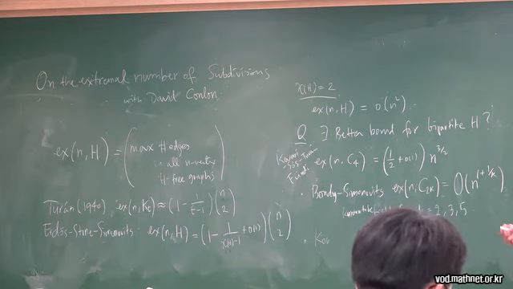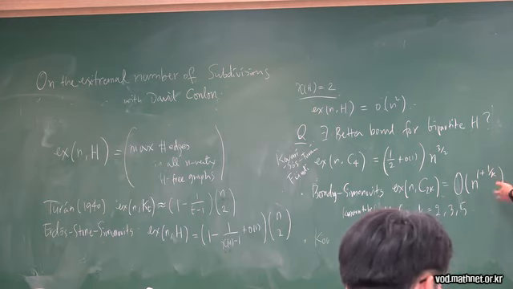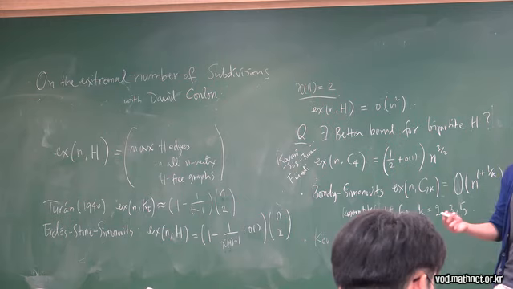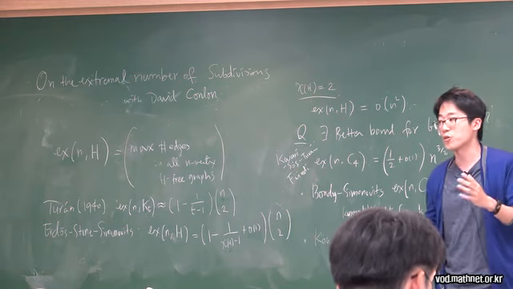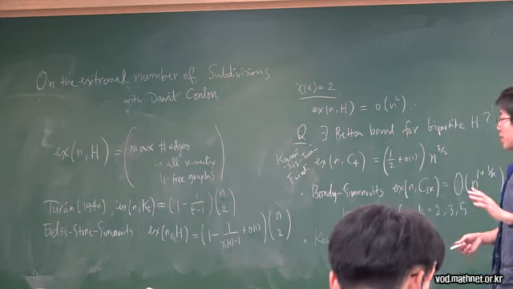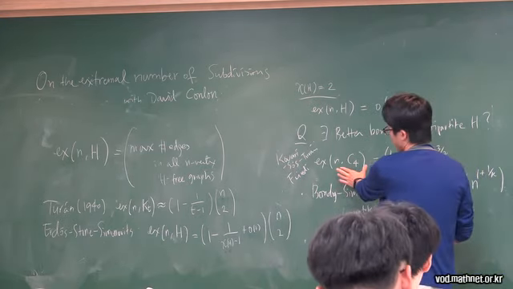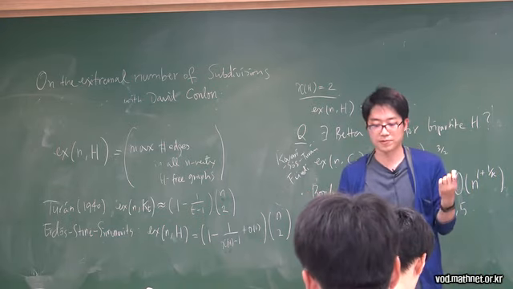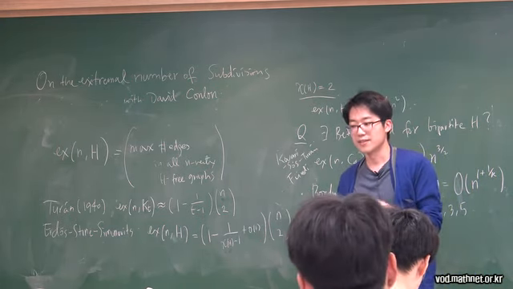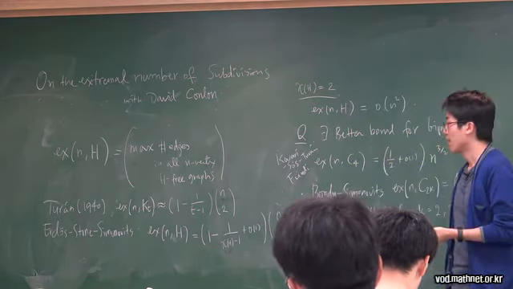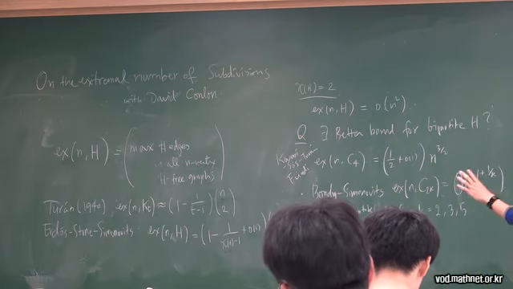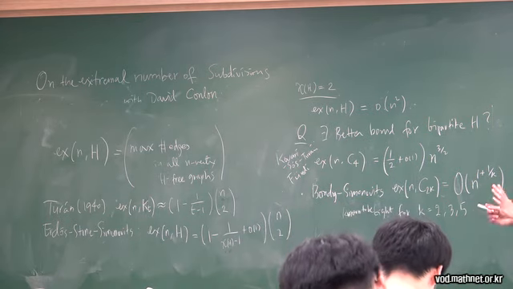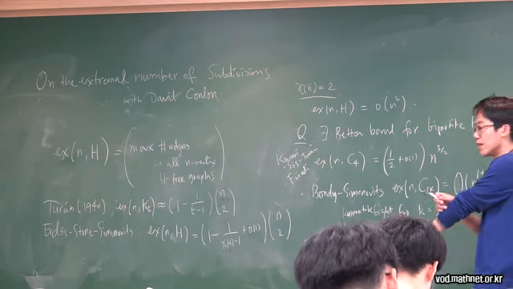We really have to construct some graph with that many edges that is even-cycle free. Often it relies on some algebraic construction. For example, this 4-cycle-free graph comes from the projective plane, the incidence of points and lines in the projective plane. We really don't know good constructions. We only know few good constructions for lower bounds.